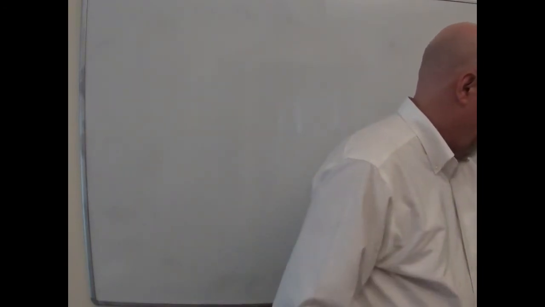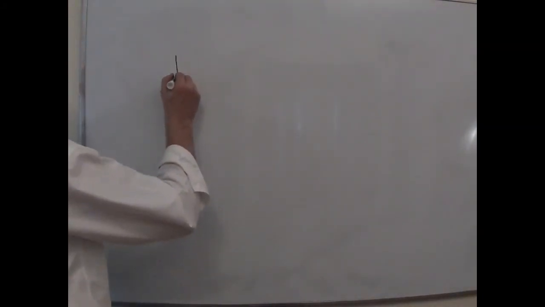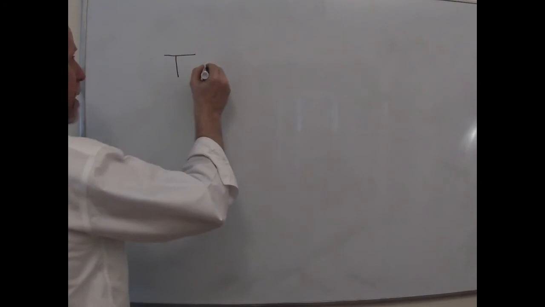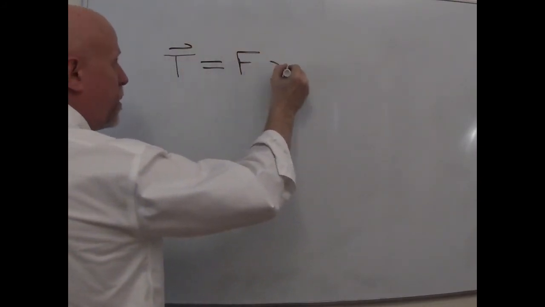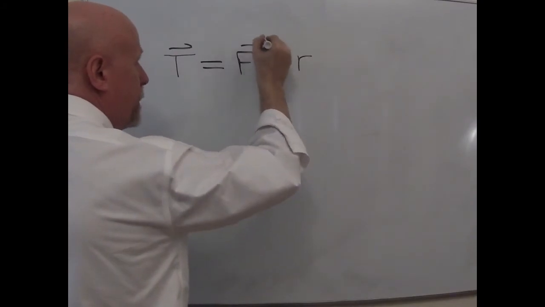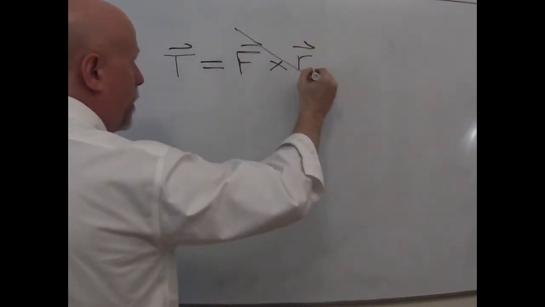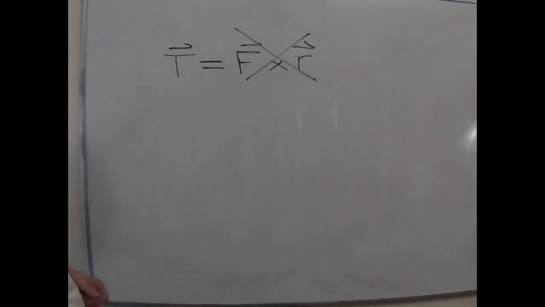The other thing, which was wrong, is when I did the torque calculation, I did the torque as the force applied crossed with the radial vector. And this is not right.